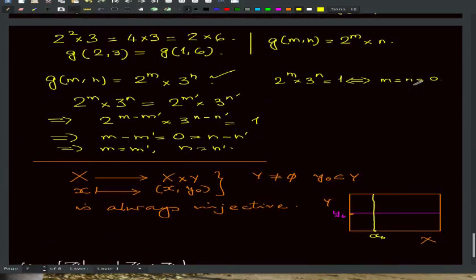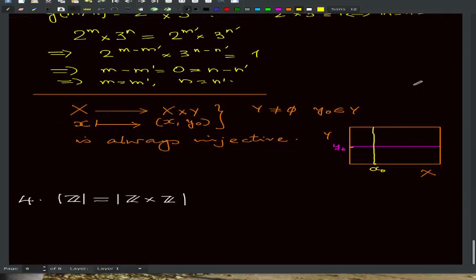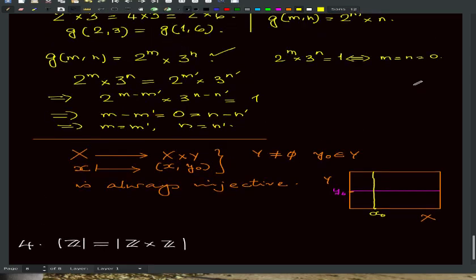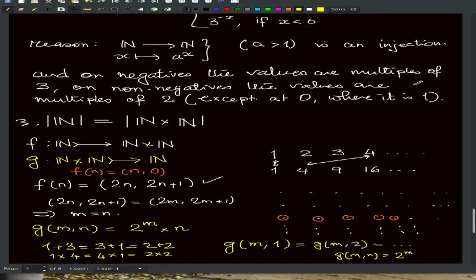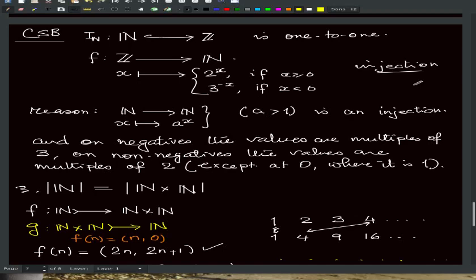So now let's see about this. Can we use that technique of the third one, because we know that N is equipotent with N cross N?